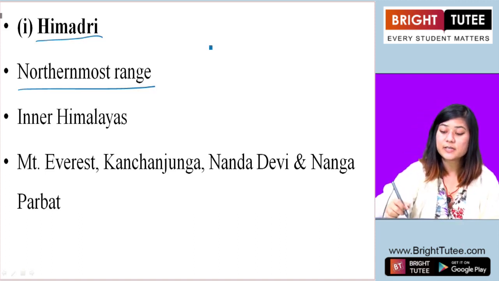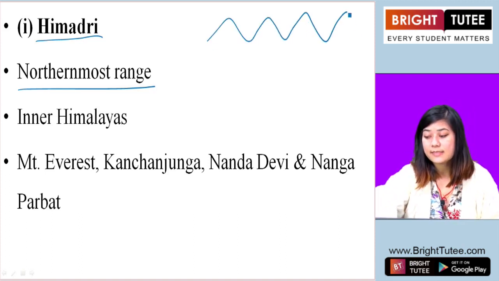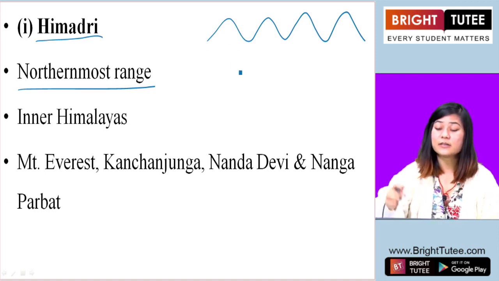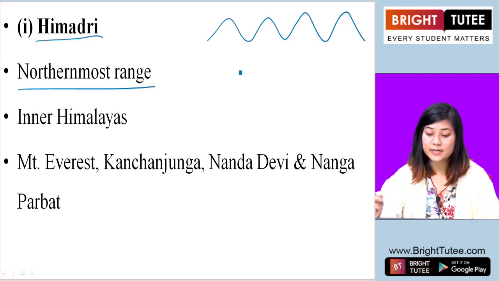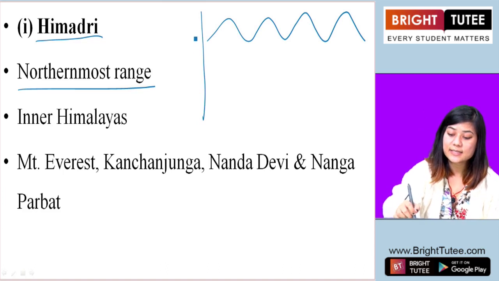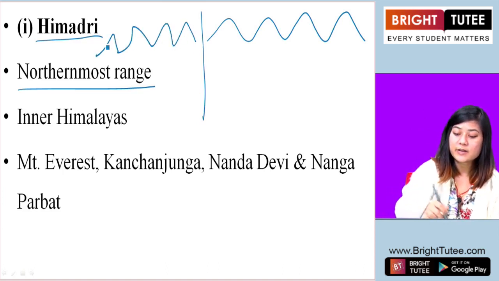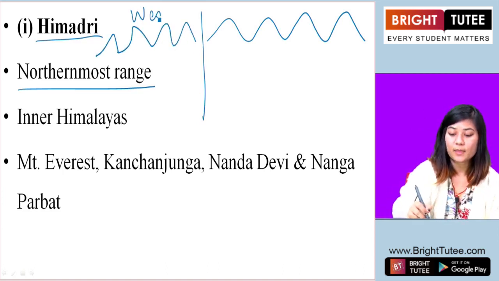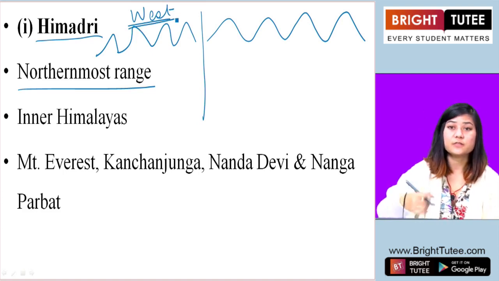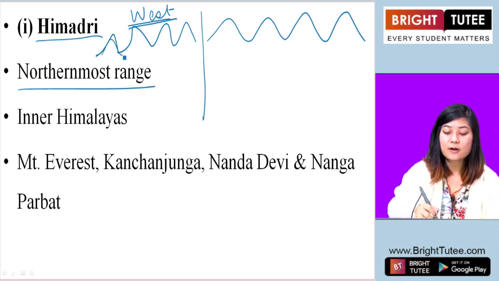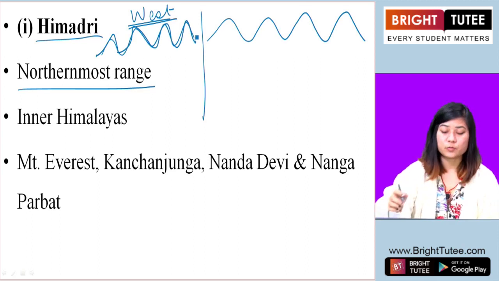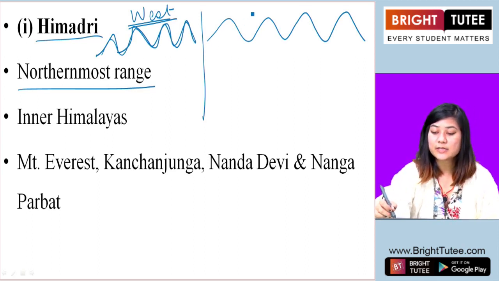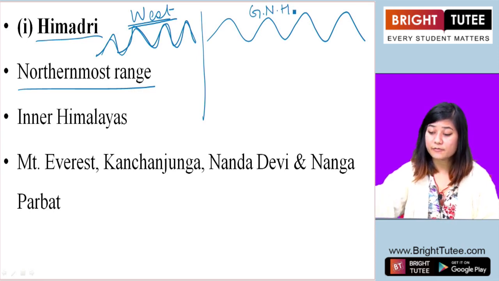So you can imagine that this is the Great Northern Himalayan range. We have said that this particular range to the west emerges from the Pamir Knot, and the Karakoram range is one of those, right? So now we are looking at the Great Northern Himalayan range.